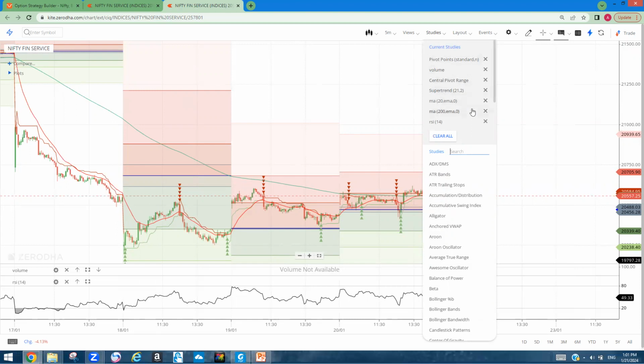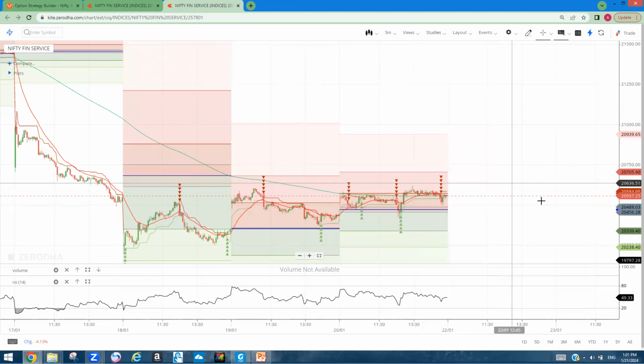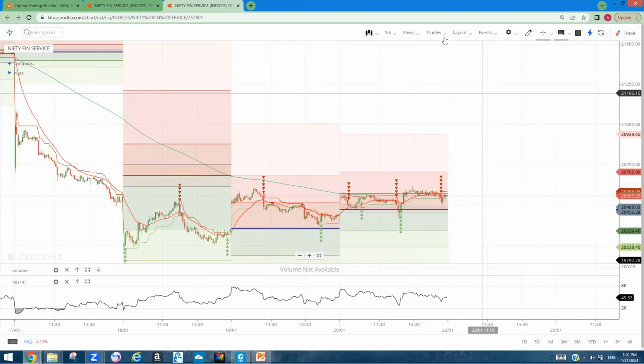Then CPR, Super Trend 21-2 is also not required if what I discussed today doesn't need Super Trend. And then the 20 EMA, 200 EMA, this is exponential moving average. And RSI also not required, but this is on. This is my full setup, which I keep on. So that's why the screen shows all this, but it's not required.